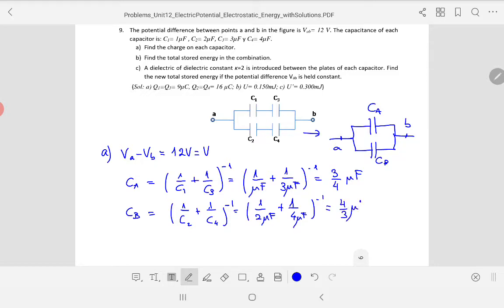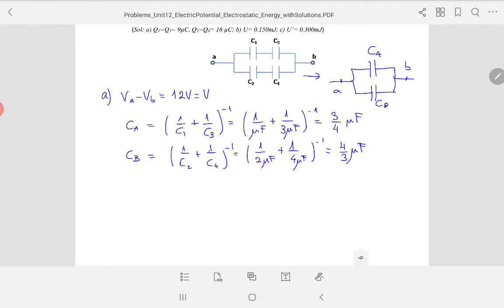Once we know this equivalent capacity, we can quite easily calculate the charge, because we know that VA is going to be equal to VB, which is equal to the potential difference between point A and point B, because these lines mean the wires, and all the wires have the same potential.